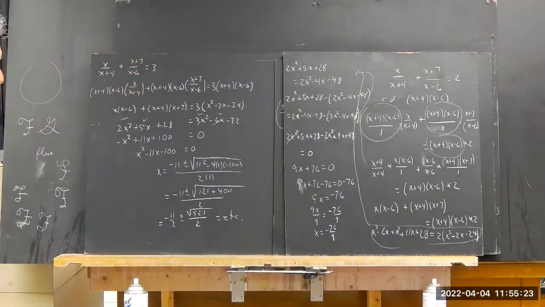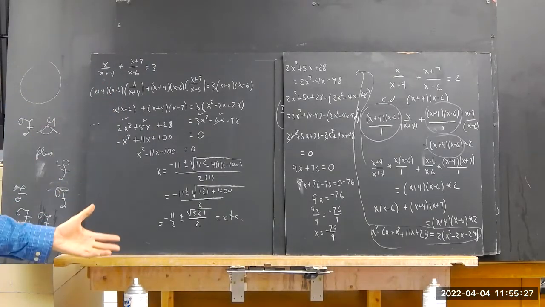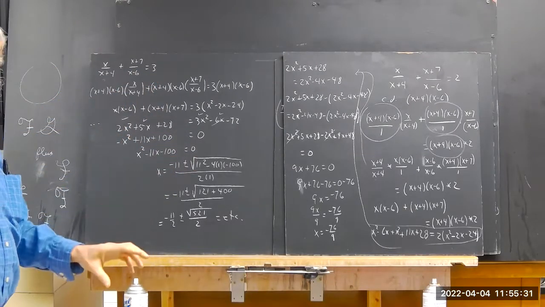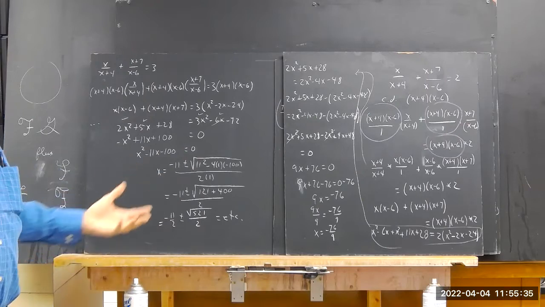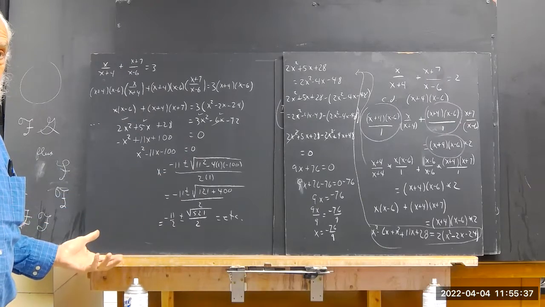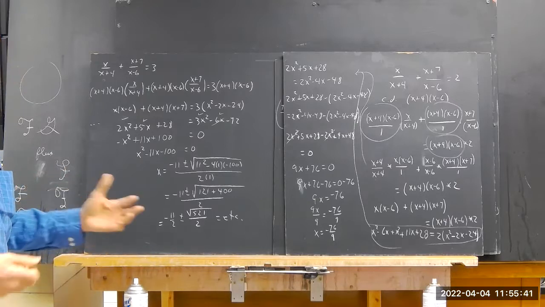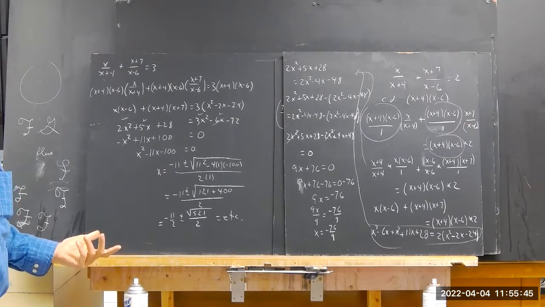Now, I think you find that that's quicker than putting everything over a common denominator and having the confusion of a denominator there when it can easily be removed. Matter of fact, once you get everything over a common denominator, you just multiply through by that common denominator, everything goes away.